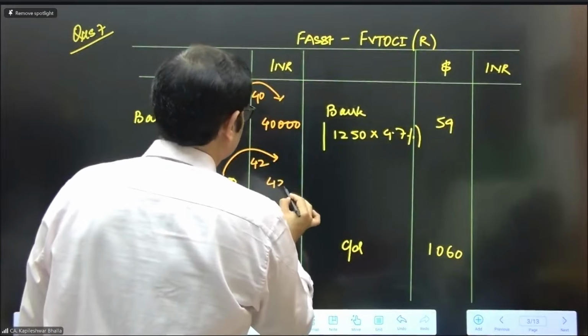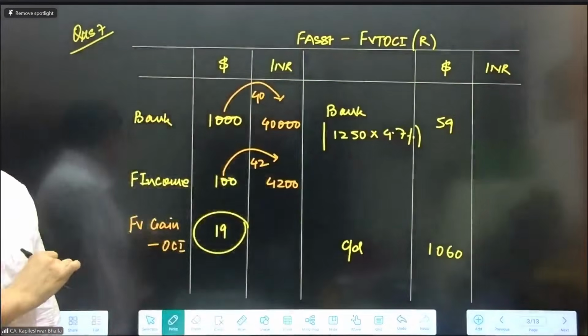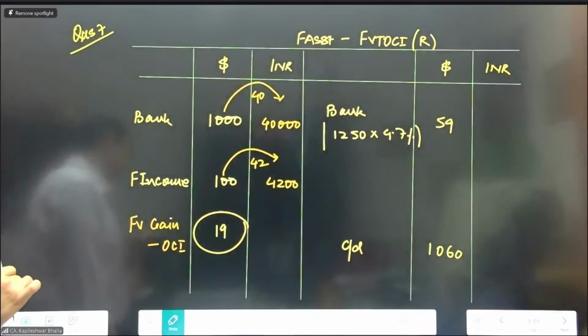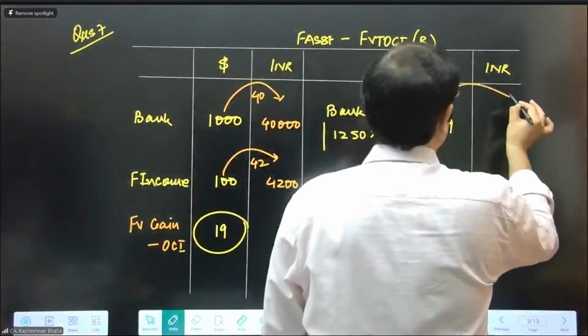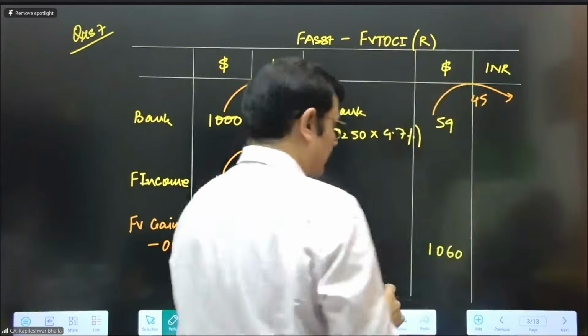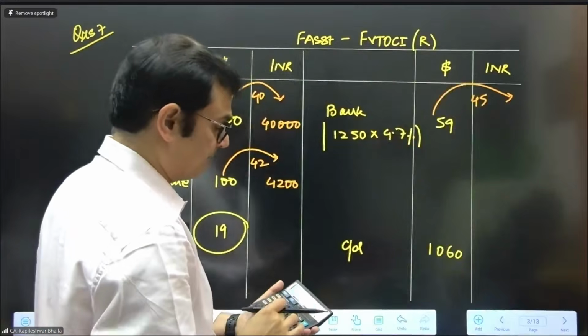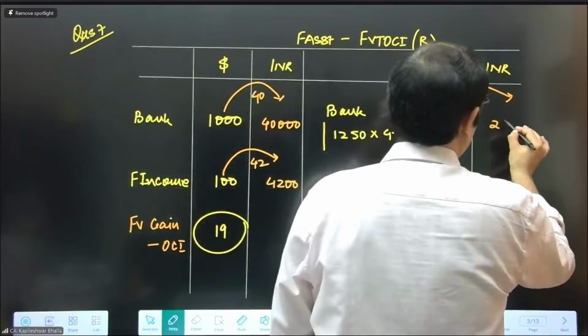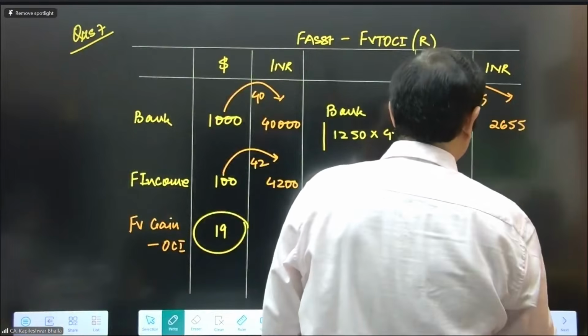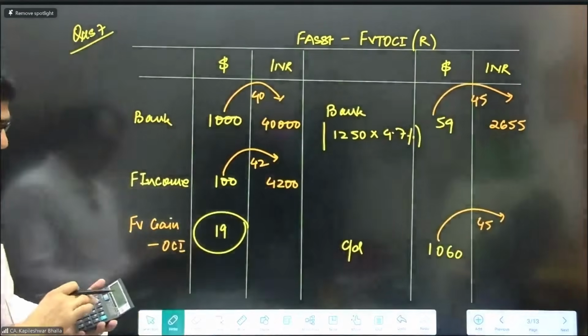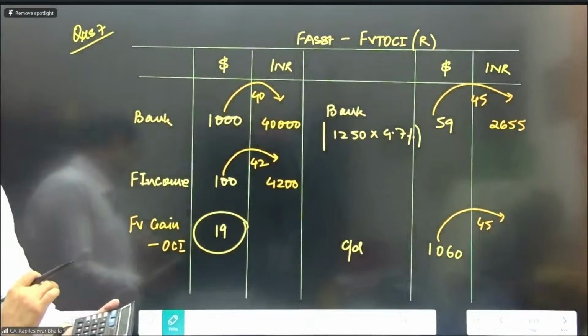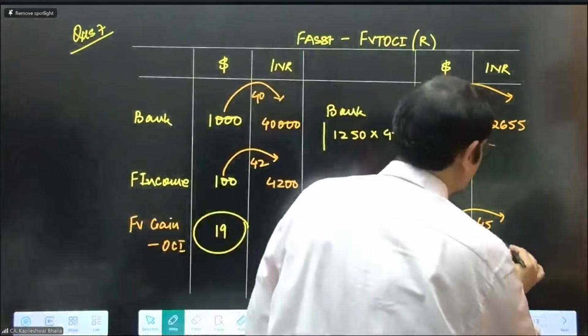So that's going to be the average rate. That is 42. Great. And then if you consider the receipt of the interest is at the end of the year, so that would be at the closing rate. That's 2655. And even the closing balance will be at the closing rate. And that is again at the rate of 45. That works out at 47,700.